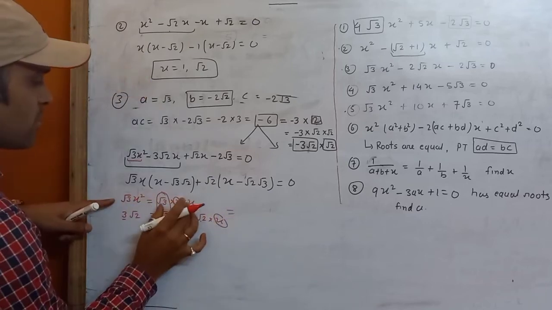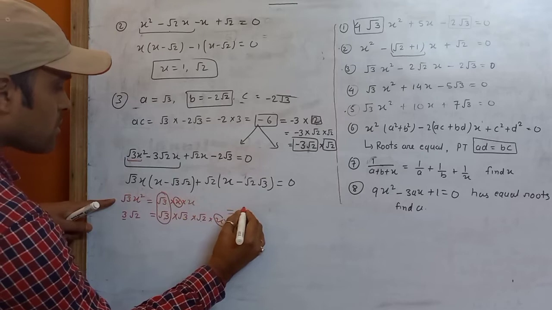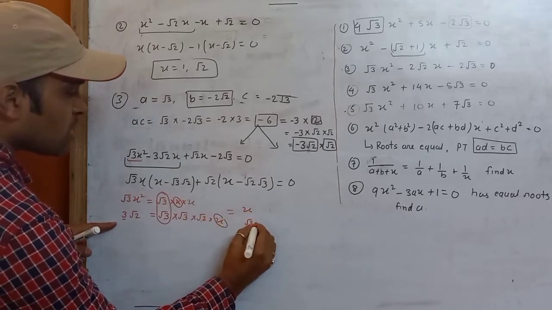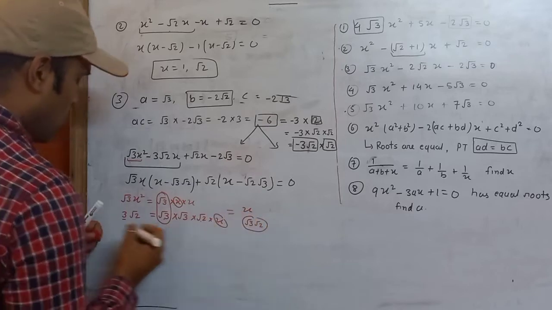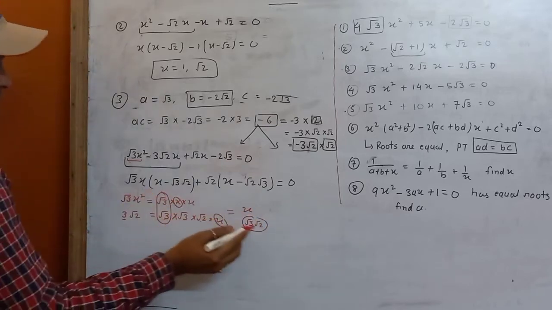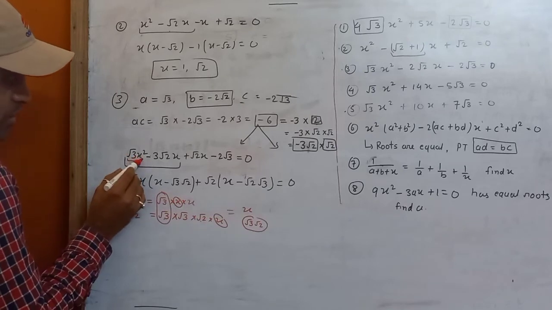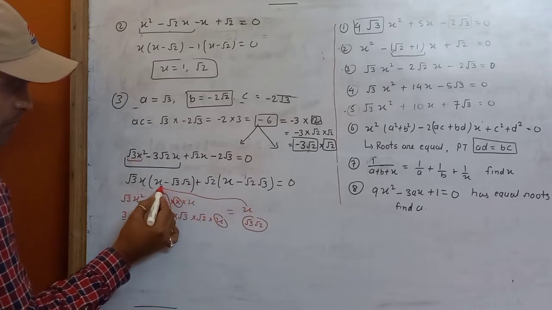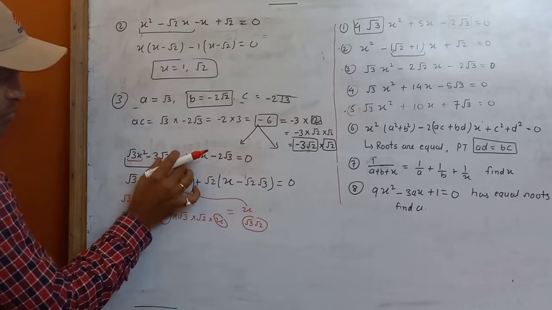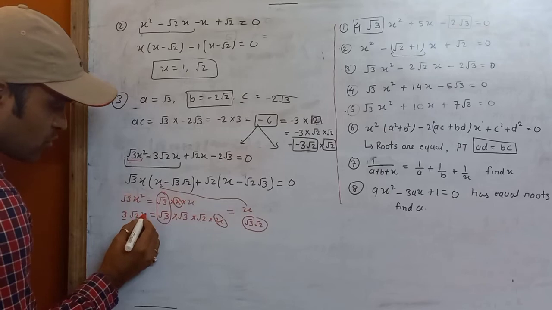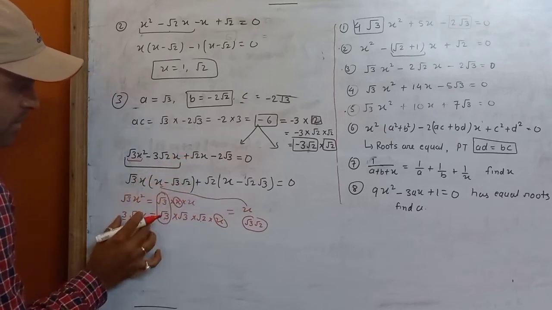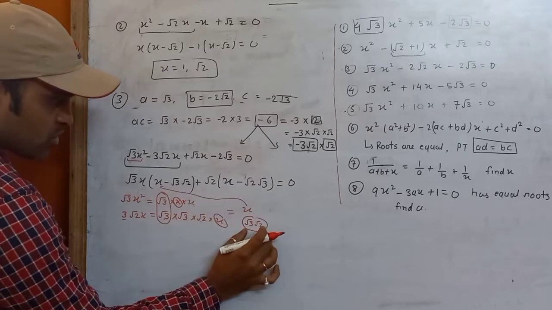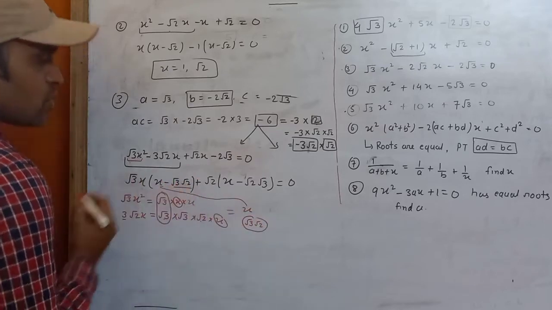In this term only x will remain, and in this term only root 3 root 2 will remain. So in place of root 3x squared, the remaining part is x, and in place of 3 root 2x, the remaining part is root 3 root 2.